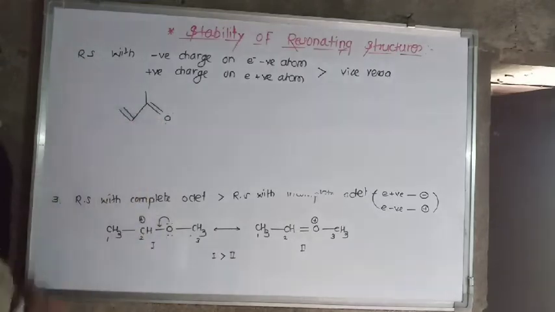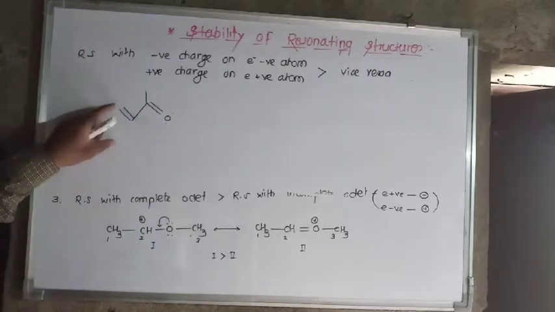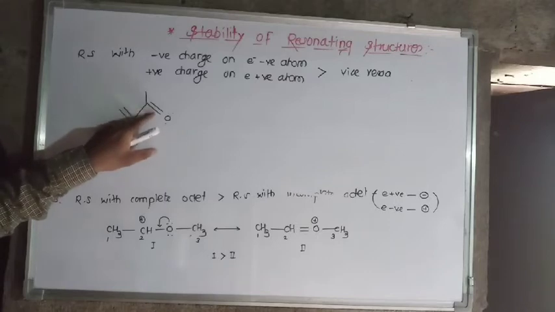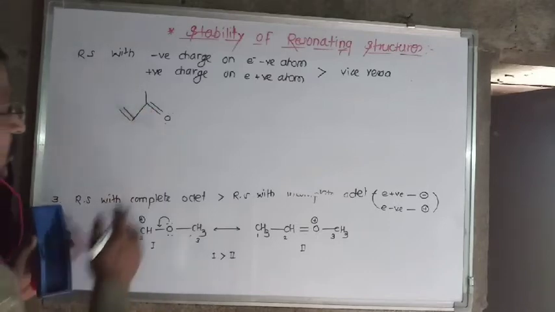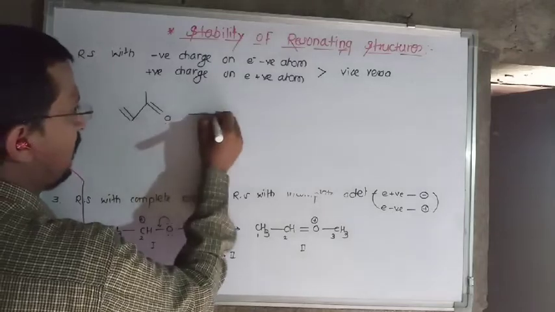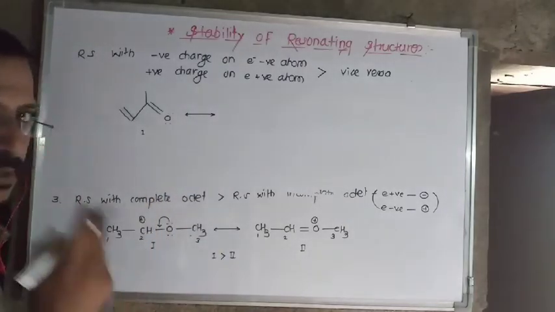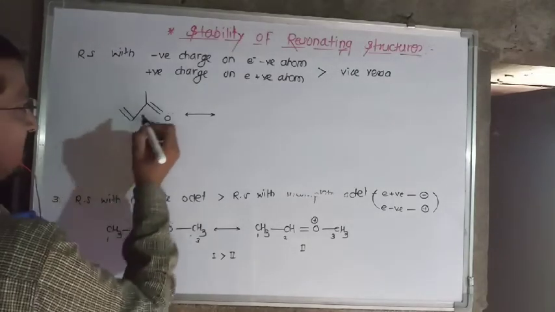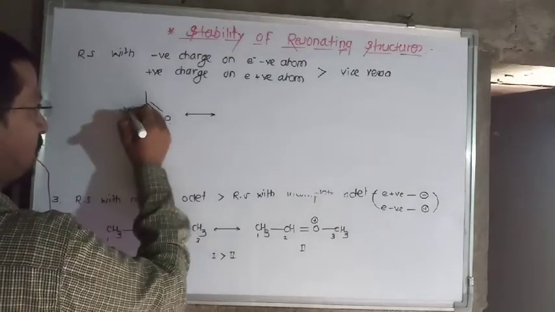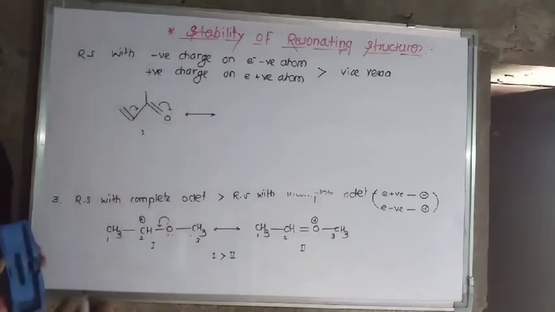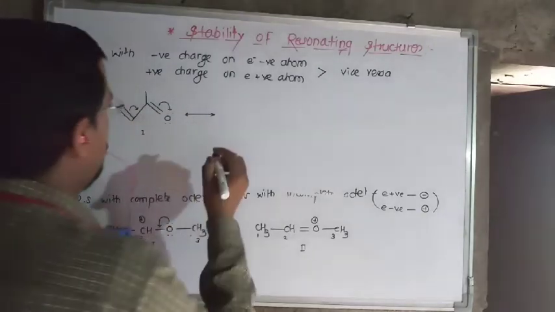Now in this case the structure stability condition is satisfied. A double bond B, C have multiple bonds. If I resonate this first structure, how is it resonating? Yes, it resonates like this. Suppose this bond is shifted here, at the same time this bond is shifted, oxygen becomes negative.